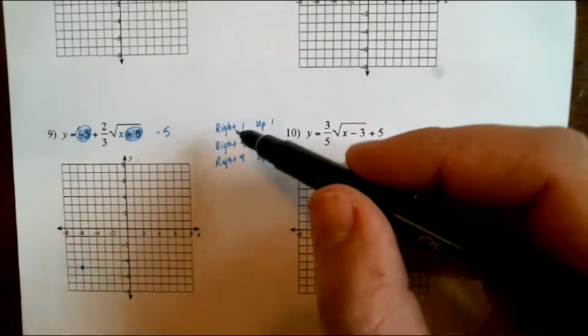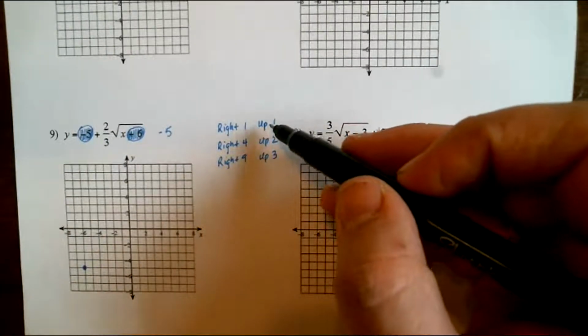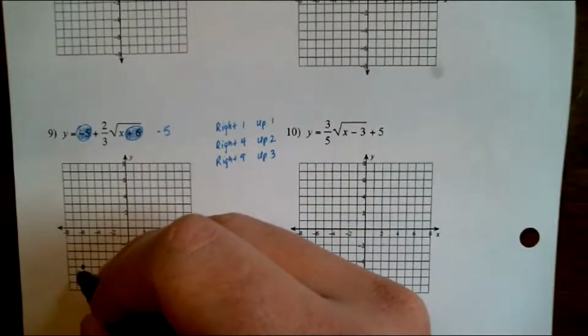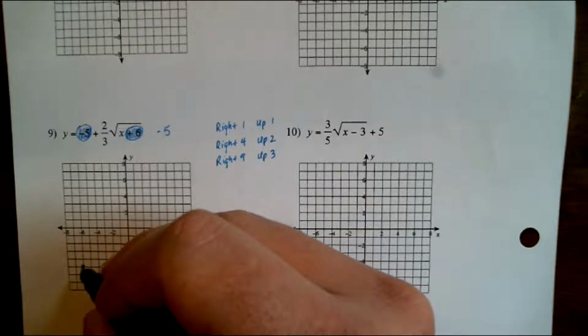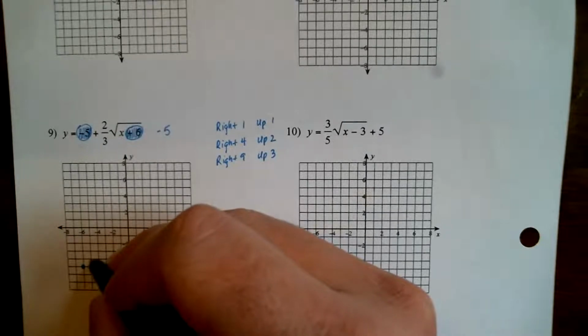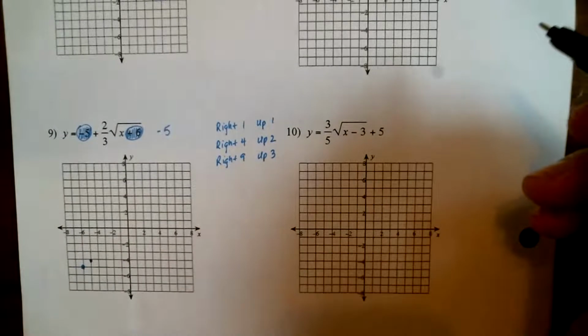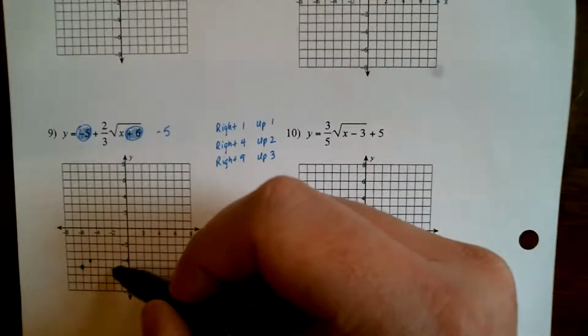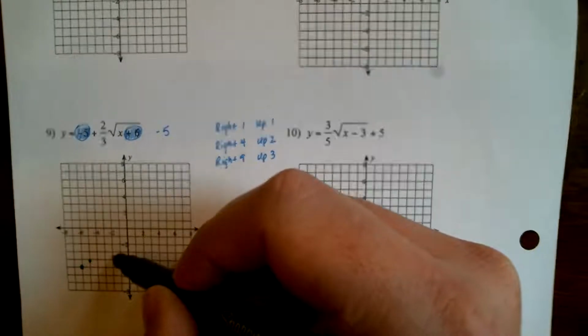So go right 1 and up 1 times 2/3 is 2/3, so not quite 1. Right 4 and up 4/3, which is just a little bit past 1.